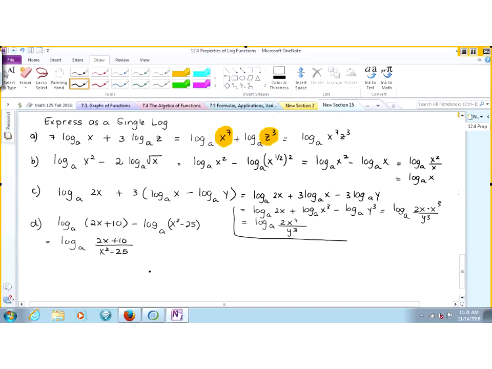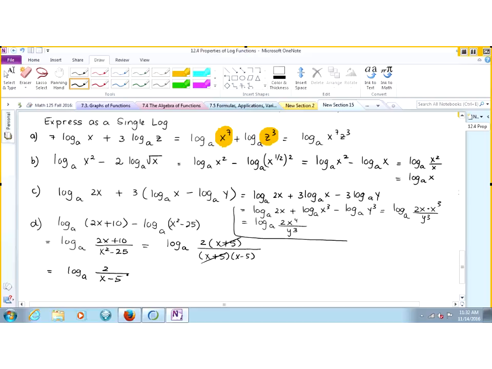Over x squared minus 25. Let's see, can we simplify or can we factor? Yes, the top one too. So log base A, how do we factor out the top one? Greatest common factor. 2 times x plus 5. Yes. On the bottom one? Yes. There you go.